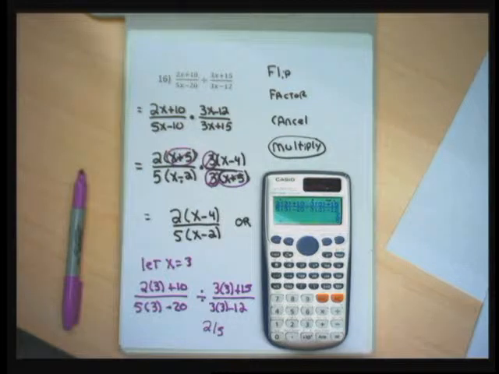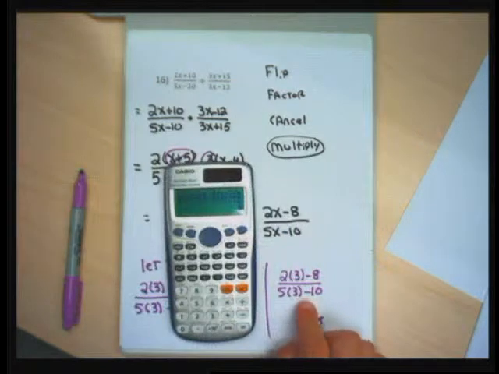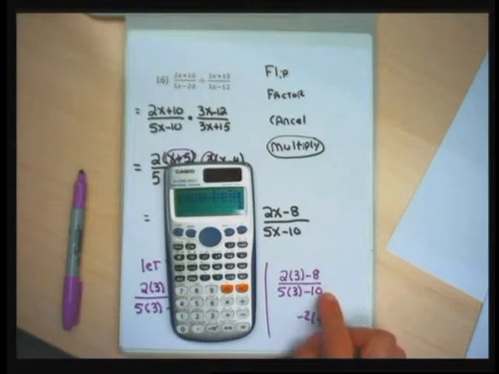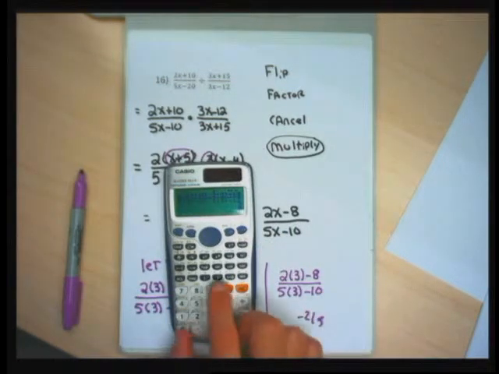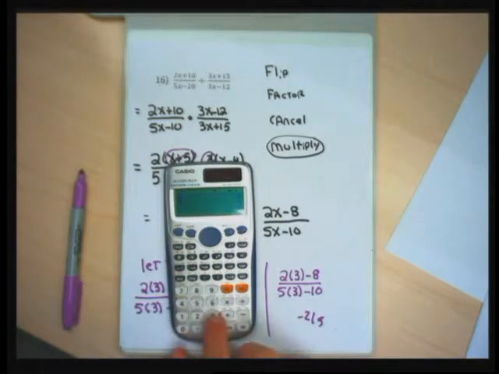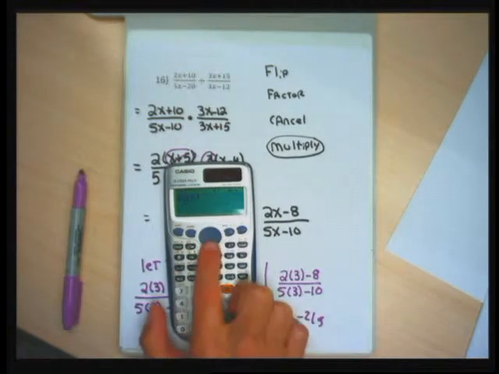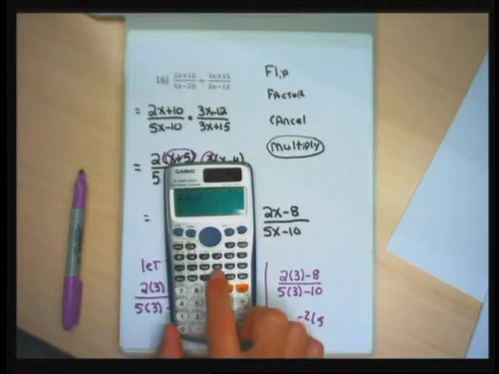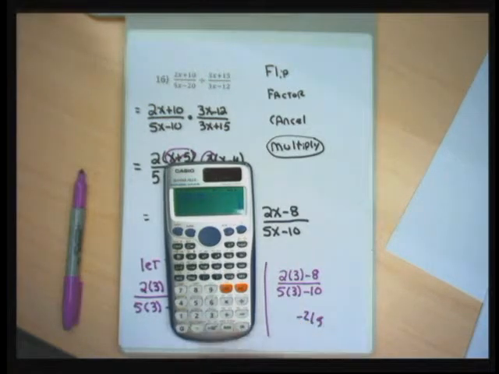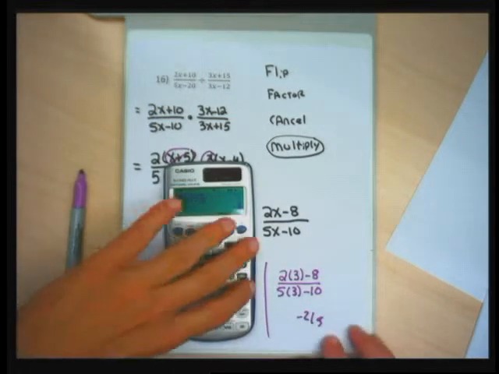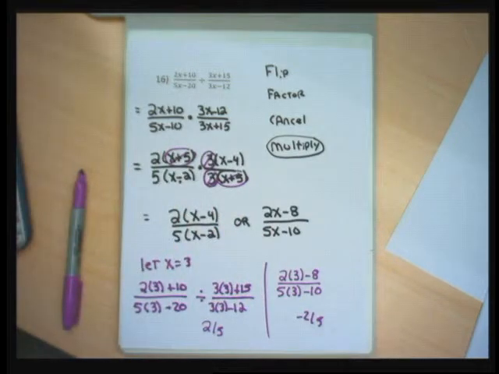I see a positive 2/5. This is troubling me. Let me do the answer again to make sure that wasn't where I messed up. So fraction 2 parentheses 3 minus 8 over 5 parentheses 3 minus 10. So they're not coming out the same. So this tells me I think I made a mistake somewhere.